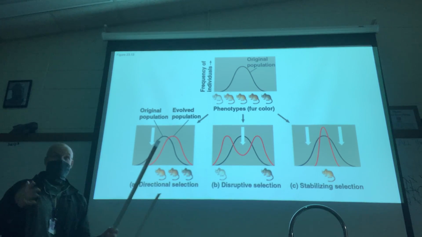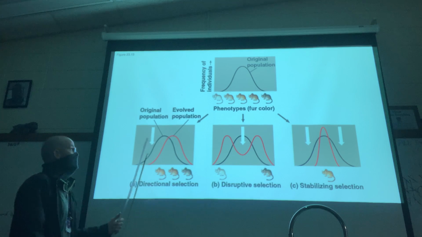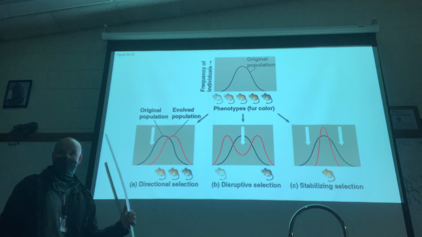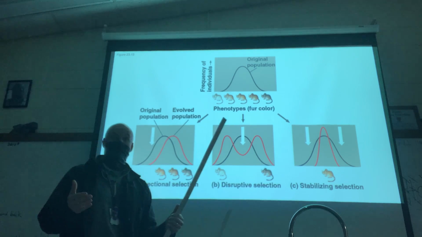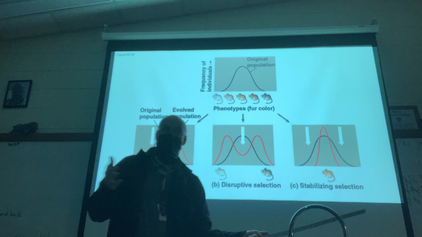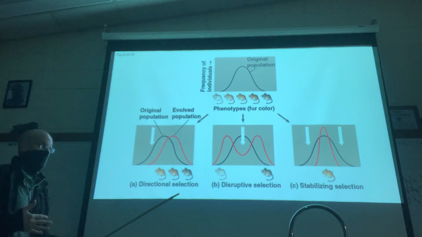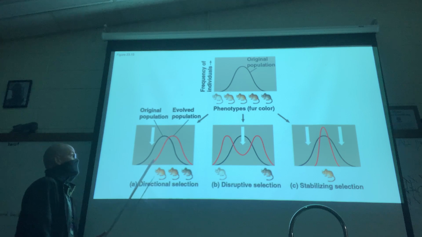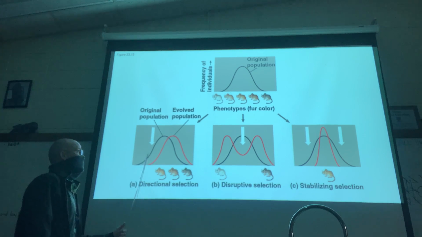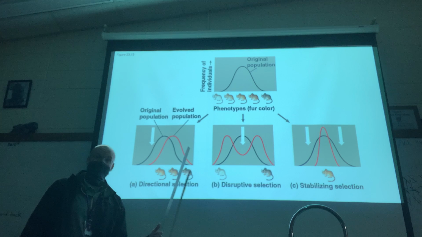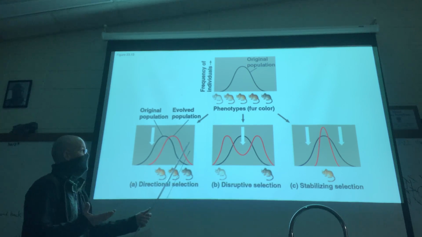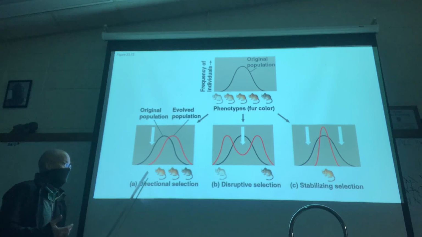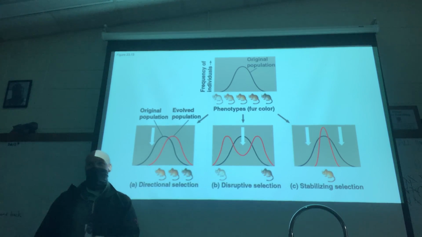Over time, for one reason or another, nature selects for either the darker or the lighter colors. This could happen for size. Smaller or bigger could be better or worse in terms of being fit for your environment. So if you see a selection towards one end of this range of possibilities or the other, we call that directional selection.